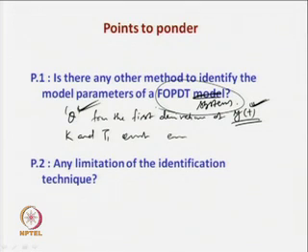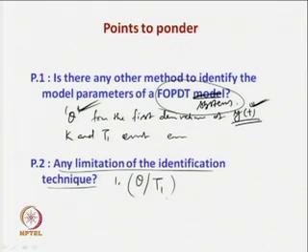The second point is any limitation of the identification technique. Certainly, the identification technique is subject to mainly 2 limitations. One is the ratio between the dead time and the unstable time constant of the first order plus dead time unstable systems. If this ratio is not large, then only a sustained oscillatory output can be obtained.